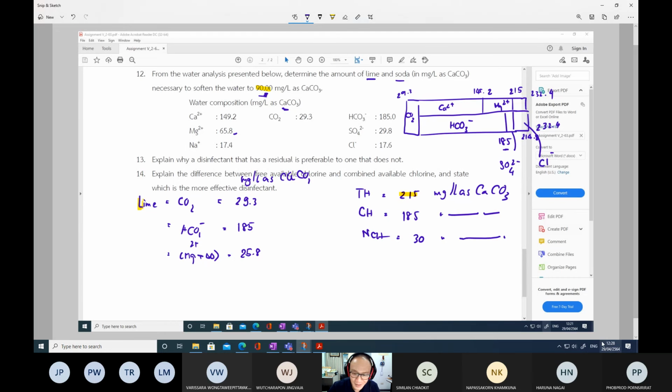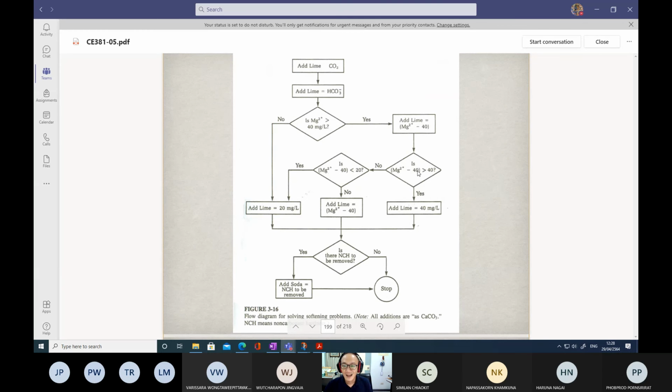Then the next is the excess lime. Is the magnesium minus 40 greater than 40? No, because we have only 25. Less than 20? No. It is between 20 and 40, so we come to this block.